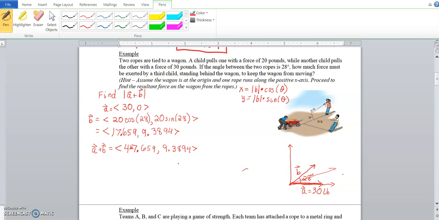But that's not what the question asks. The question says, how much force must be exerted? So what we're really being asked to find is the absolute value of A plus B. That's just going to be the square root of x squared plus y squared.